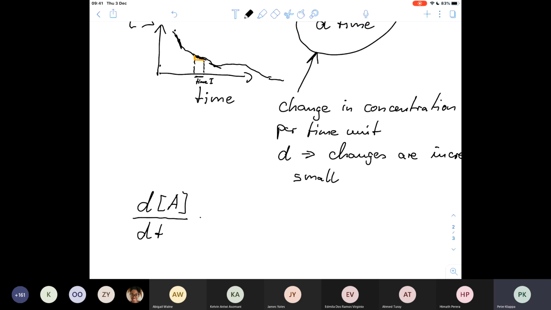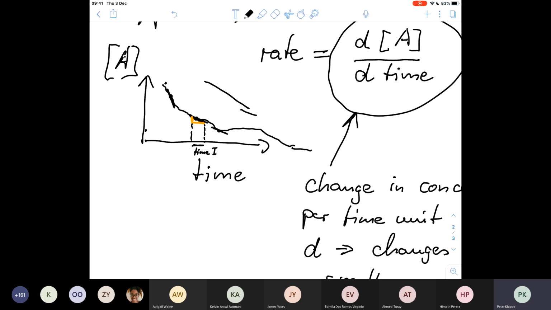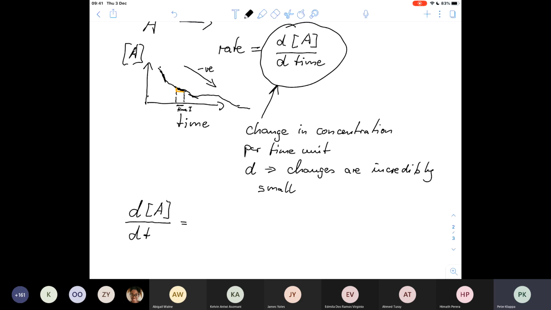Now, because the gradient goes down, the gradient therefore must be negative. So when we are talking about consumption, the reaction rate, the gradient is negative, and we indicate that in this case just simply by a negative sign.